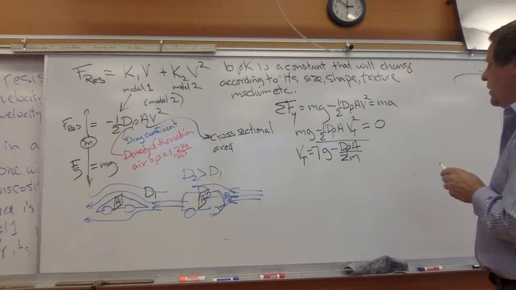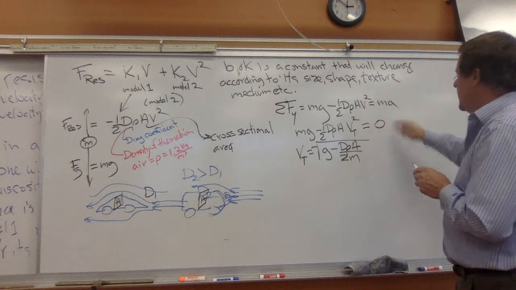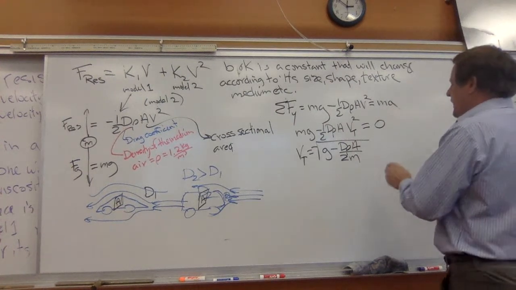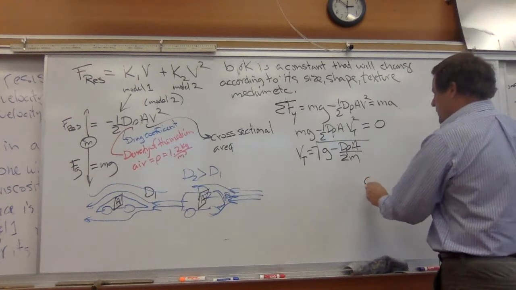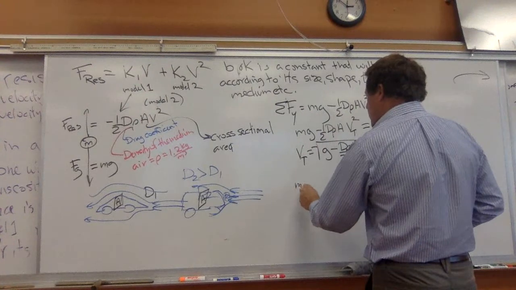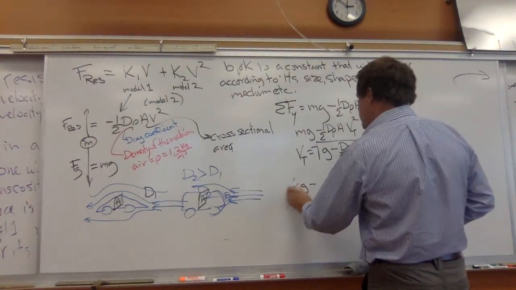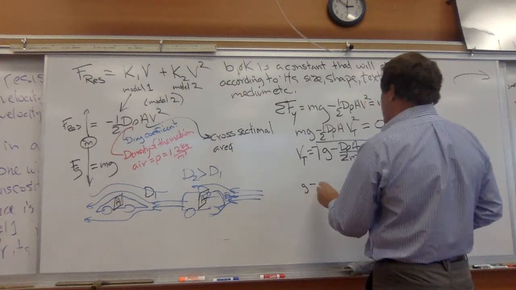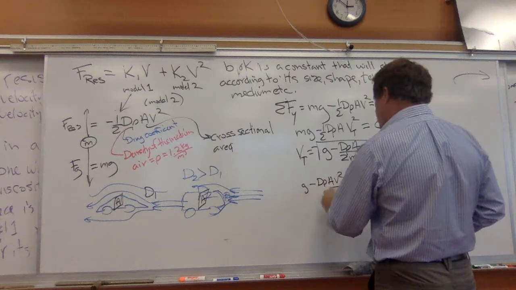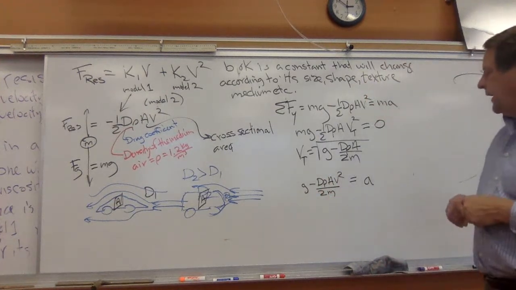If we, for example, wanted to know what the acceleration is, we could divide both sides by m, and we would have acceleration equal to g minus d rho A v squared over 2m.